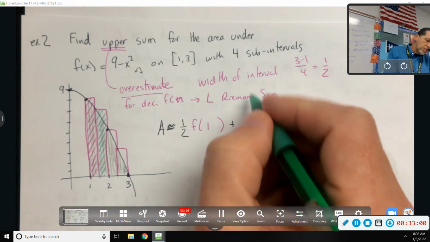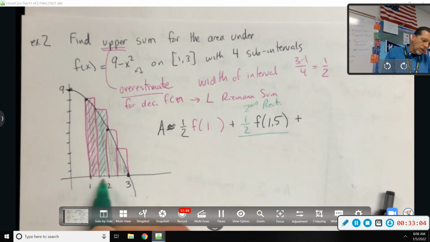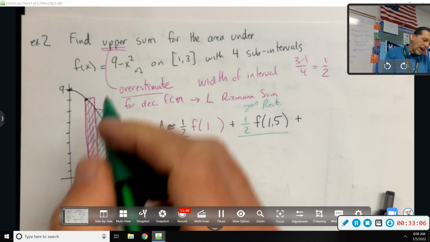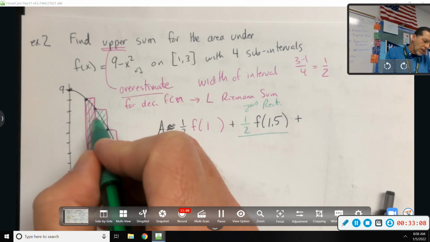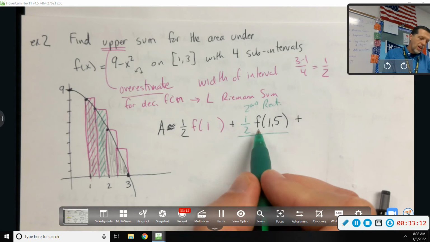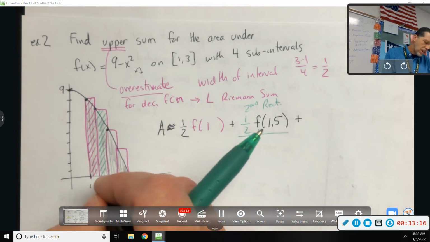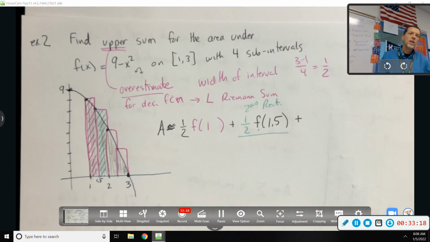So this is my second rectangle. Its width is 1/2. Its height, I'm going to grab right there, which is the height, which is f, the y value, at 1.5. Oh, okay. Better? I think so.